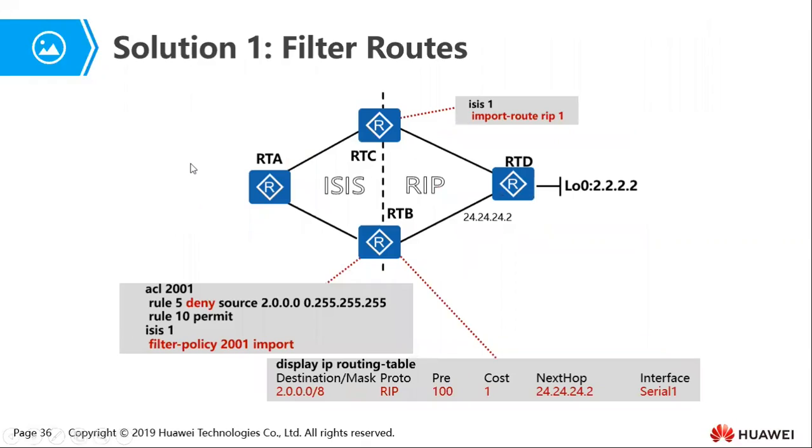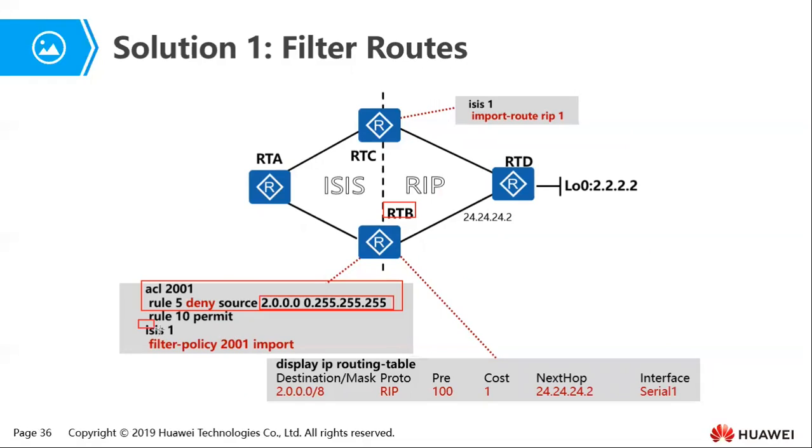Okay, so one of the solutions to this is that we can filter routes. We can filter specific routes so that they cannot be learned by RTB. So in RTB, we create an ACL and we specify a rule that will deny anything with that particular network address.